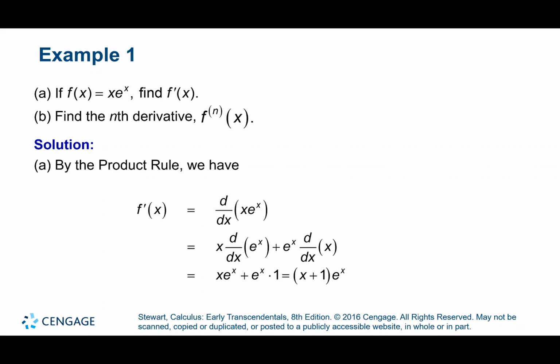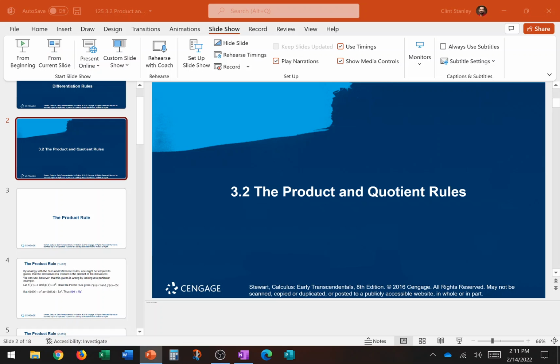It says if f of x equals x e to the x, find f prime of x. So let's go over to our scratch paper here. We want to find f prime.